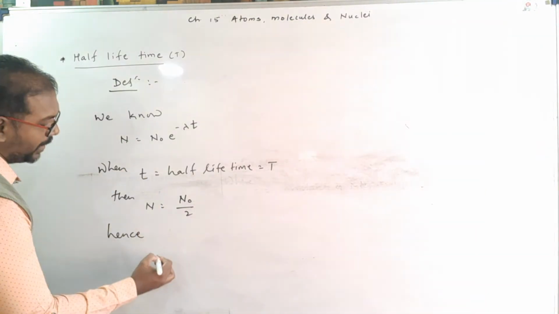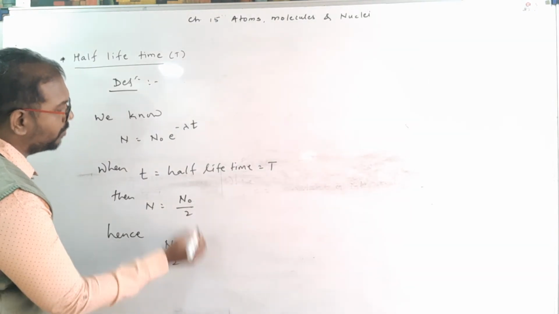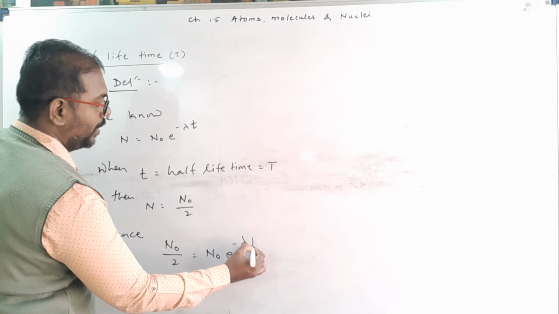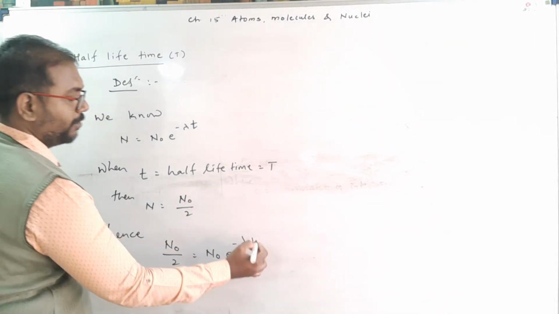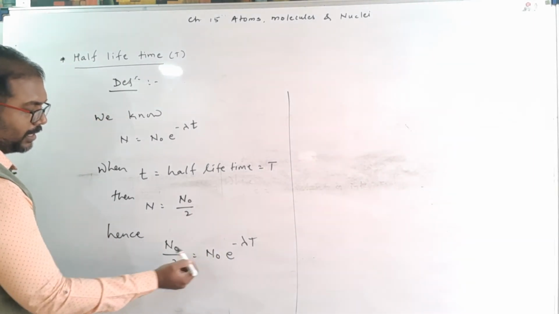Hence we can write n0 by 2 is equal to n0 e raised to minus lambda into, instead of small t, the half-life time capital T. Now this n0 and this n0 get cancelled.